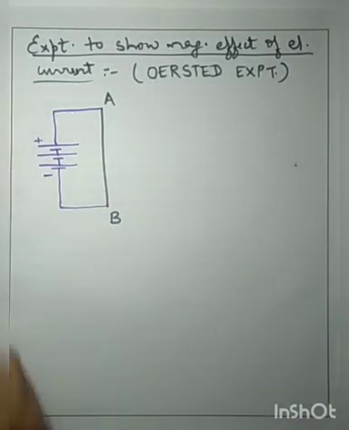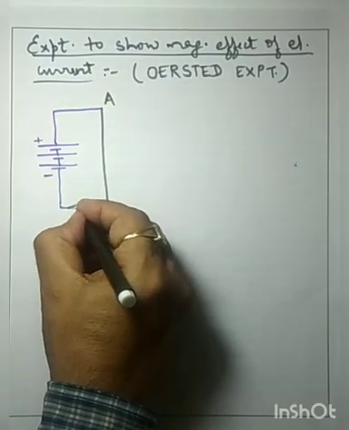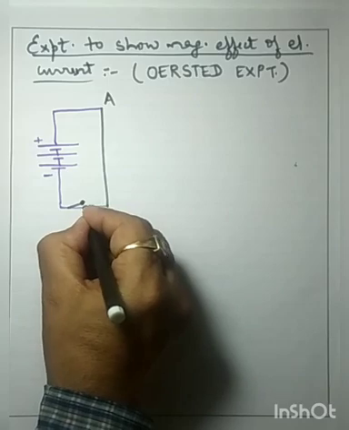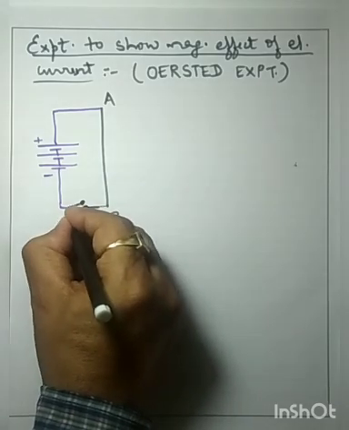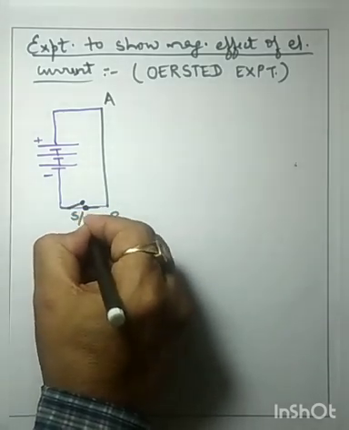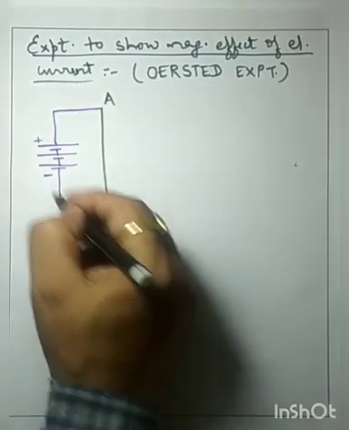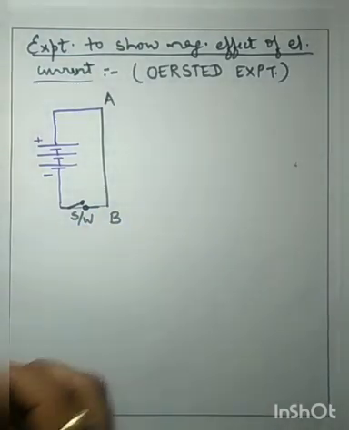Suppose we use a switch, and this switch is open, initially it is open, so no current will flow in this circuit.